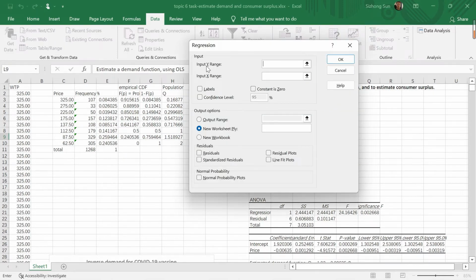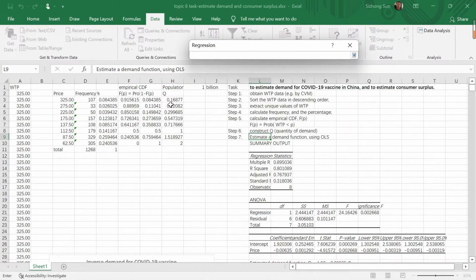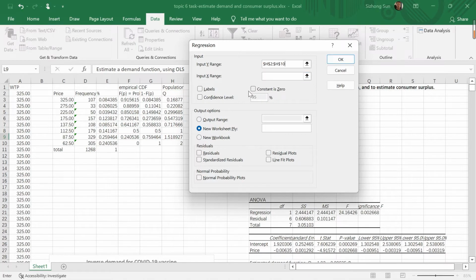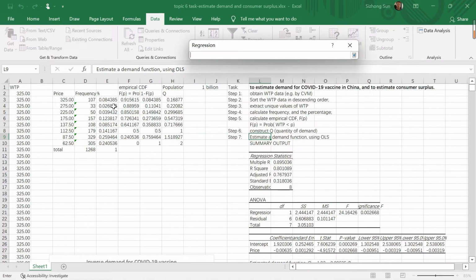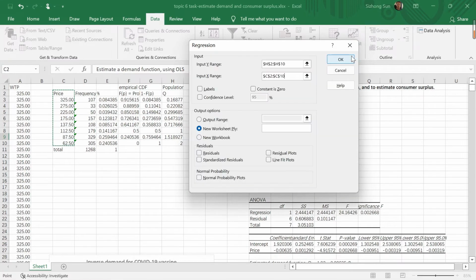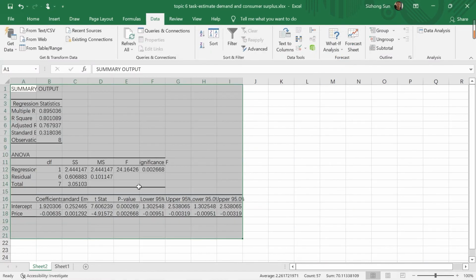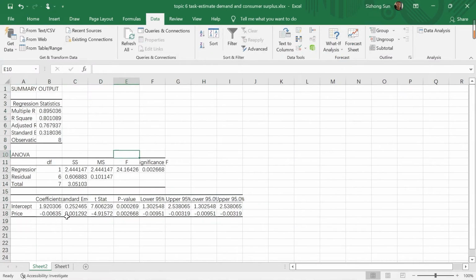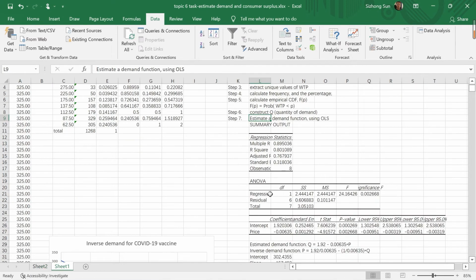The dependent variable is quantity. The independent variable will be price. And I'm going to estimate only a linear demand function. My selection includes labels. I'm going to output the results into a new worksheet. So that's the regression result, and that's the same as what we have here.